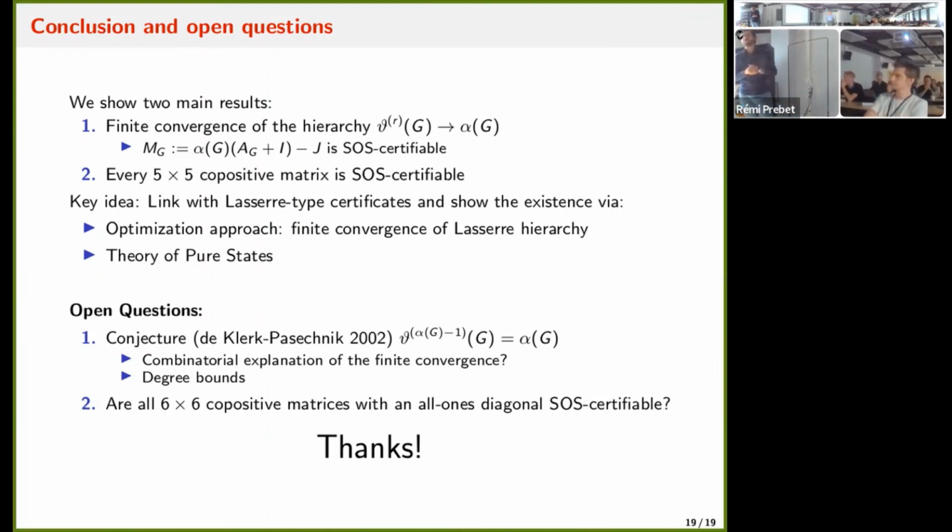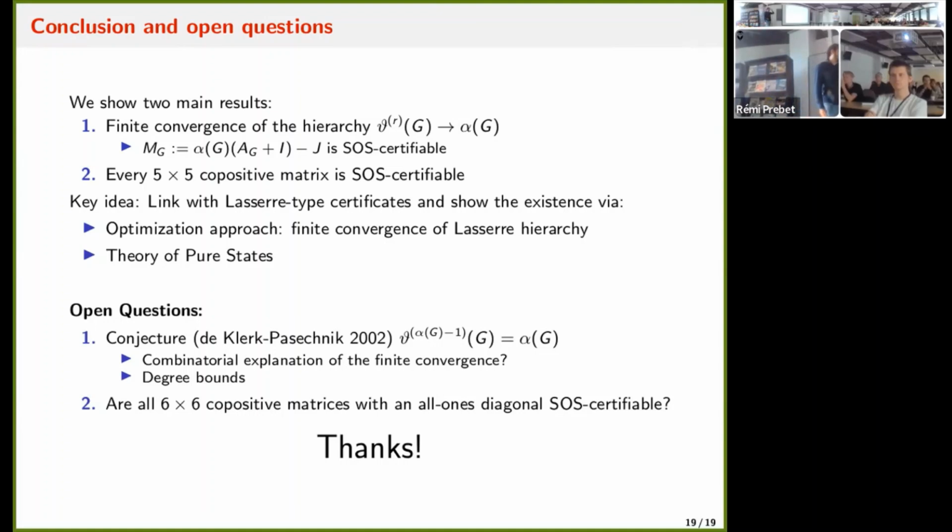It seems that some bounds can be extracted, but they would be exponential and terrible. Also, it's not clear that this is the right bound. It's a conjecture.